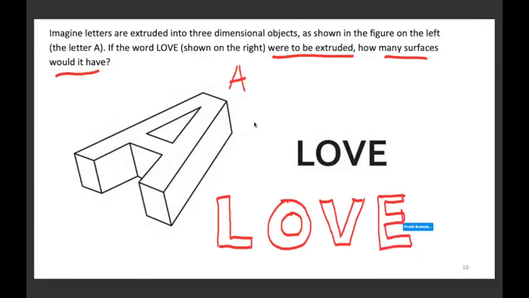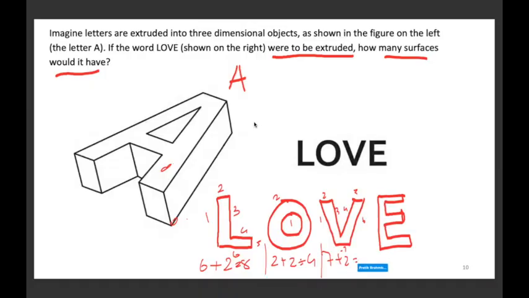In the case of the letter L, it's 1, 2, 3, 4, 5, 6. So 6 plus top and then bottom, 8. In O you have 2, 1 and 2, plus 2, the top and bottom surfaces, which is 4. V, you have 1, 2, 3, 4, 5, 6, 7. 7 plus 2 which is 9.